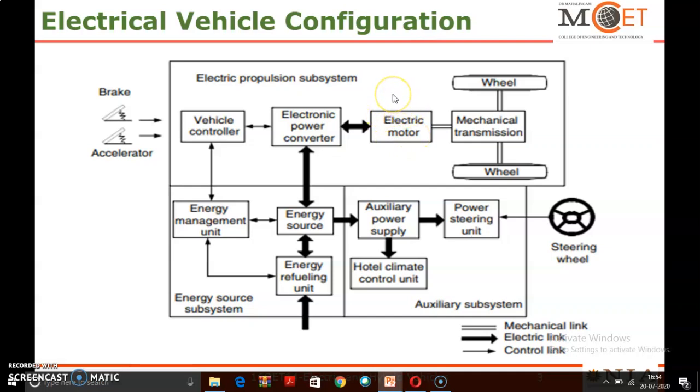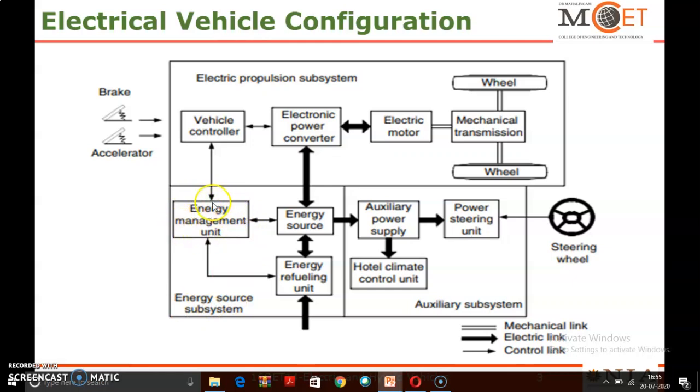This generated power is called regenerated power. This regenerated power can be stored in the EV batteries, ultra capacitors or super capacitors, as they have the capability to store the regenerative power.